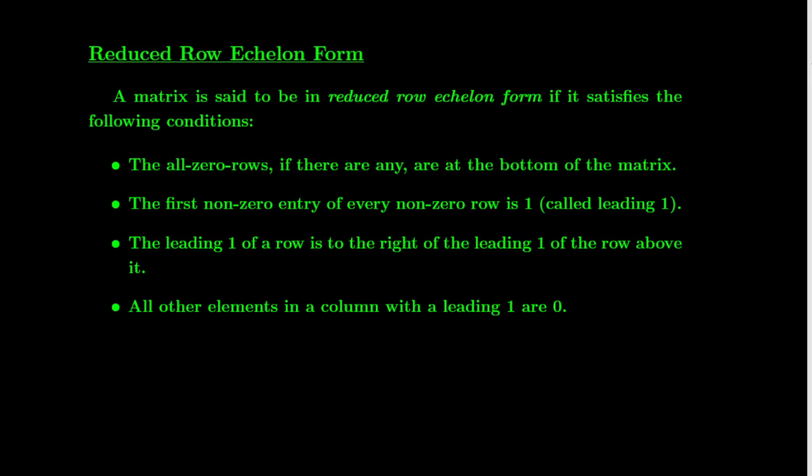Okay. 4 conditions. If a matrix satisfies all the 4 conditions, then we say the matrix is in row-reduced echelon form, or reduced row echelon form. In any case, we call the matrix RREF.